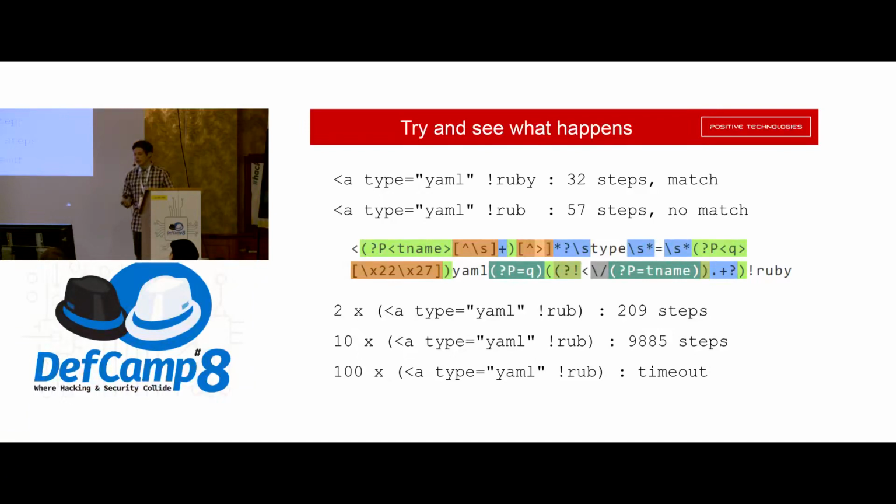Ten joined strings take about 10,000 steps, and a hundred joined strings take so many steps and so much time that the online tool hits a catastrophic condition, a timeout error.